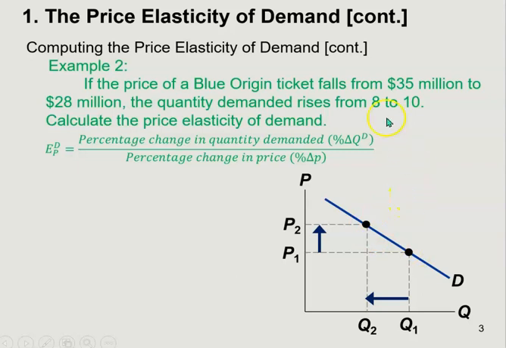Now here, in this example, it's the opposite case. So the price falls, and then, as you could imagine, the quantity demanded increases, right? If you think about the calculation we just did, we use the percentage change in quantity demanded over the percentage change in price. On the graph, that's exactly how we would define the slope of the demand curve.